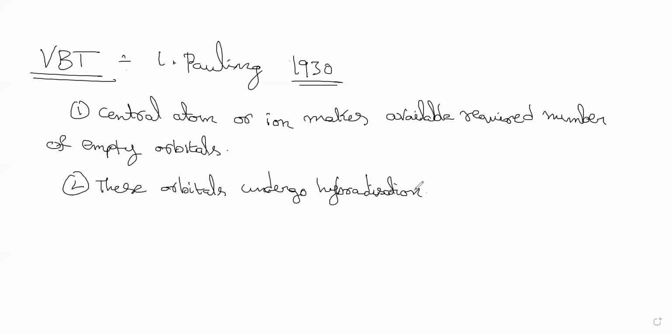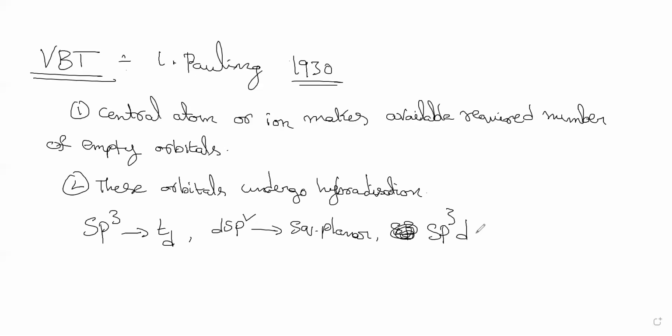There are different types of hybridization, sp, sp3. When you have sp3 hybridization, you will end up with tetrahedral structures. When you have dsp2, you have a square planar structure. All these things I'll explain. And when you have sp3d, you have trigonal bipyramid, and sp3d2 is octahedral.